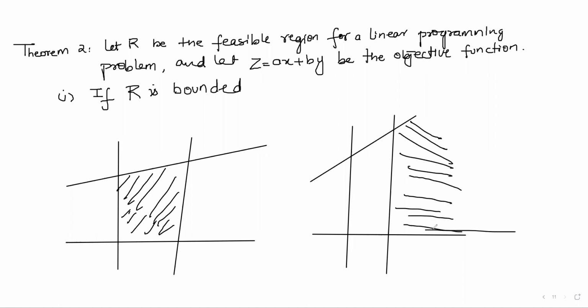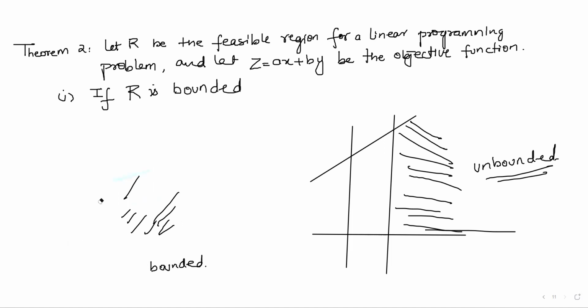Then this is unbounded because the feasible region does not have boundaries, and this is bounded. I hope this is clear to everyone, what is meant by bounded and unbounded feasible region.